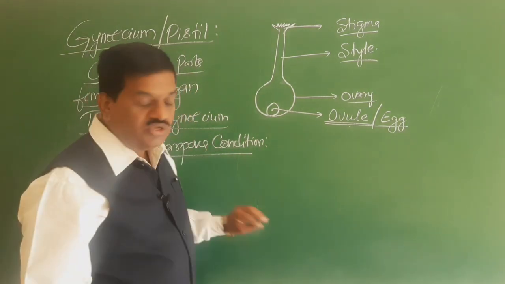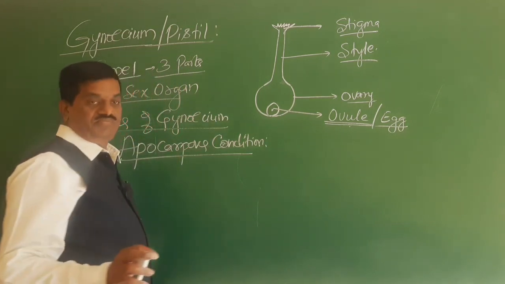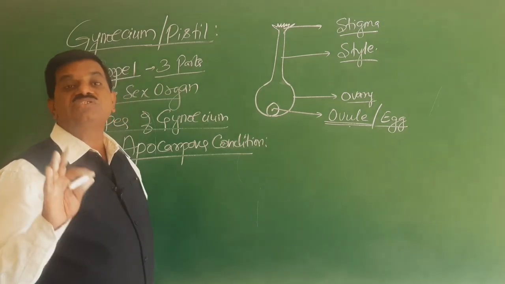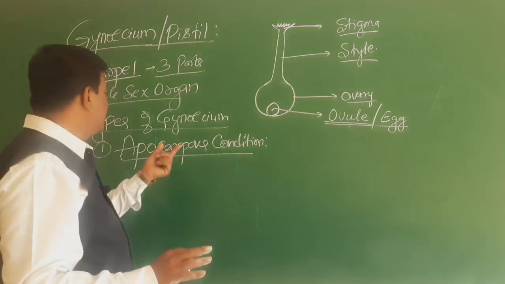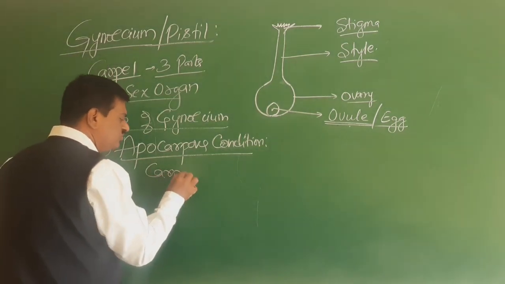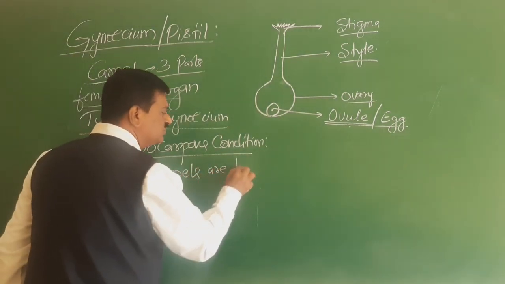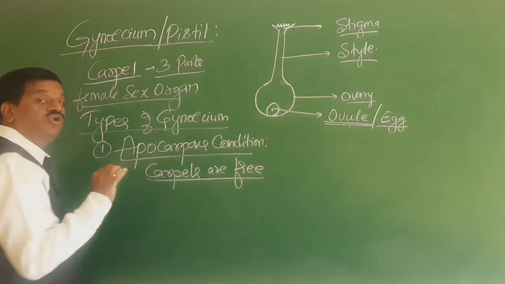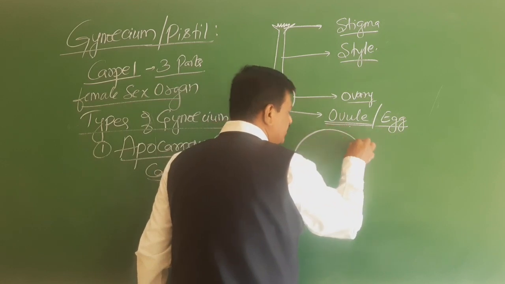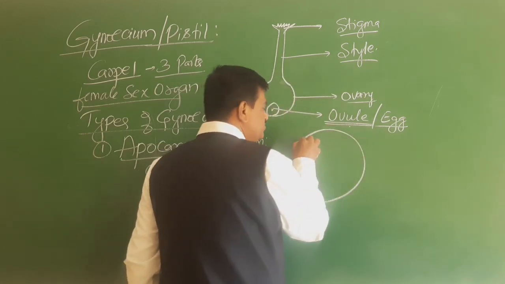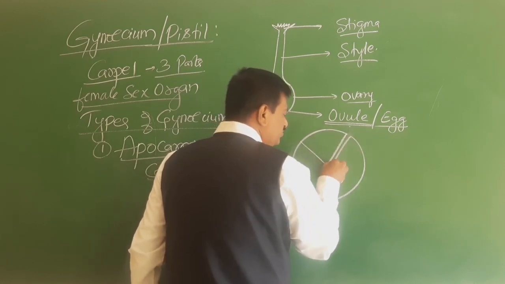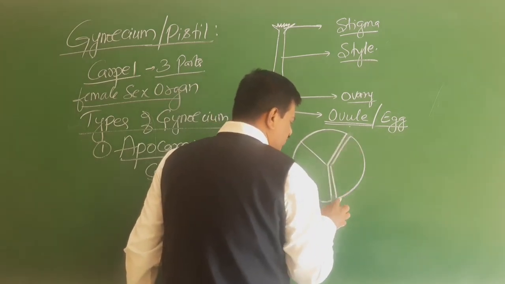It may be tricarpellary or pentacarpellary, anything. If the carpels are free, not attached, then it is called apocarpous condition. Here carpels are free, they are not united. So when we take tricarpellary, 3 carpels, just have a look here. This is 1 carpel.